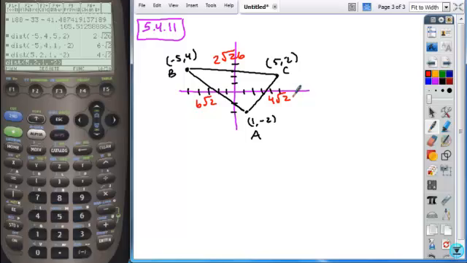Okay, and once I enter each of these, I now have the pattern of SSS, which indicates law of cosines, and so I can solve. Now, once again, does it tell me which angle I need to find first? No, it doesn't specifically tell me, and so the best idea would be to find the largest angle.